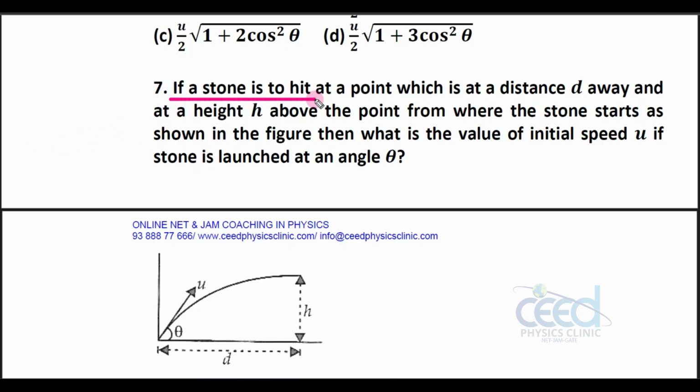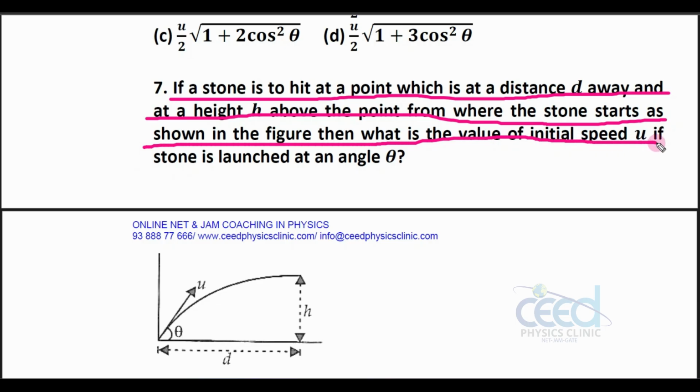A stone is to hit a point which is at a distance d away and at a height h above the point from where the stone starts, as shown in the figure. What is the value of initial speed if the stone is launched at an angle theta?